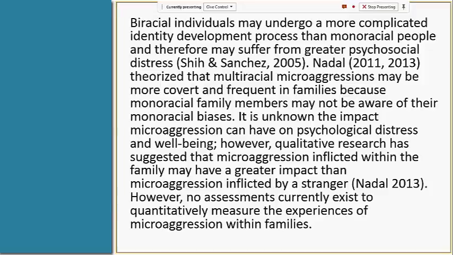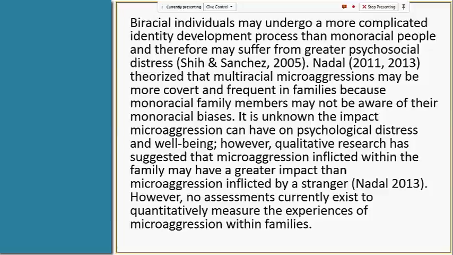It is unknown the impact microaggression can have on psychosocial distress and well-being. However, qualitative research has suggested that microaggression inflicted within the family may have a greater impact than microaggression inflicted by a stranger. However, no assessments currently exist to quantitatively measure the experiences of microaggression within families.